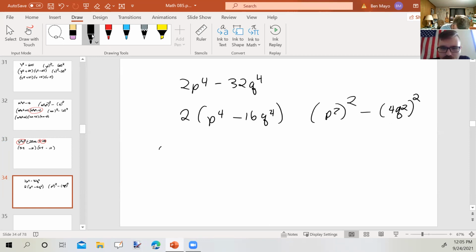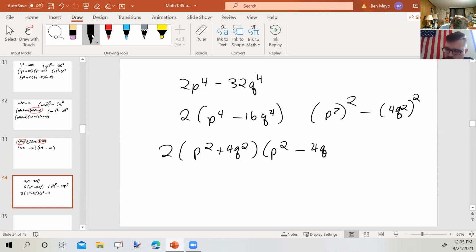Okay, so I get 2 times p squared plus 4q squared, p squared minus 4q squared. But wait, there's more, because this is also the difference of two squares.